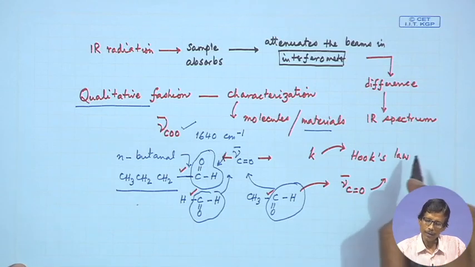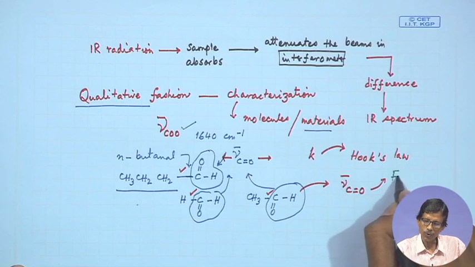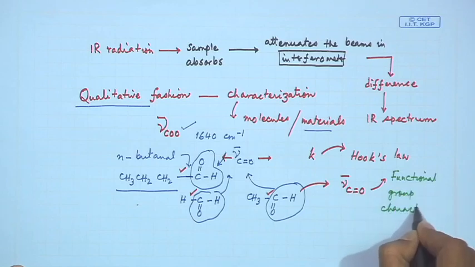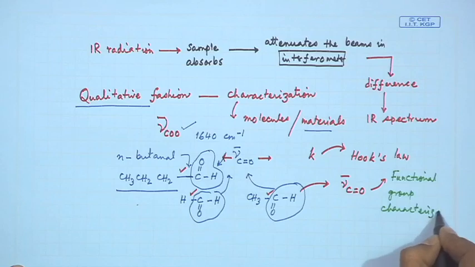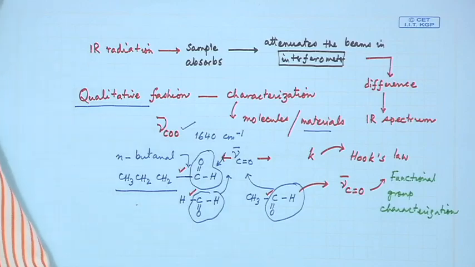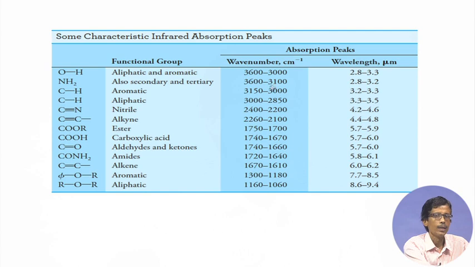So, IR is therefore very much useful for functional group characterization also. If we get this and see the differences and all these things, we can see what the different groups are.